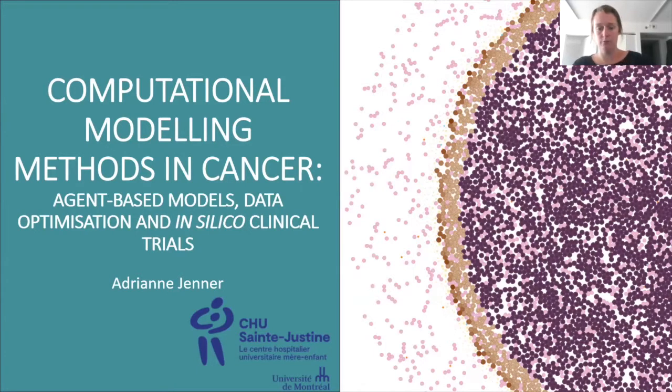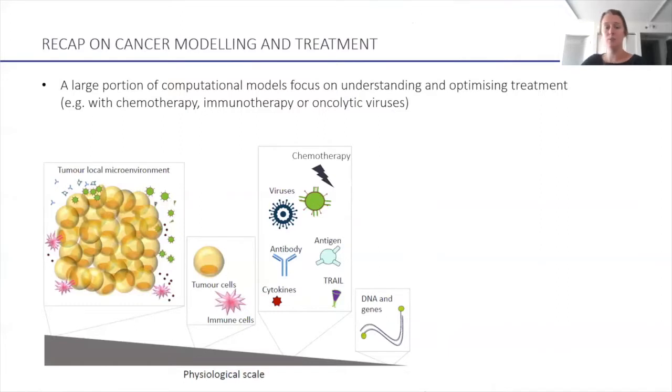So to start off, I just want to recap again how great mathematics is in cancer research. Cancer occurs at many different physiological scales. You've got the local tumor microenvironment, if you consider the whole tumor, and the interaction between cells, immune cells, viruses, and so on.